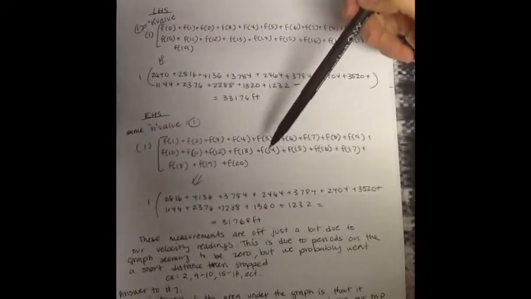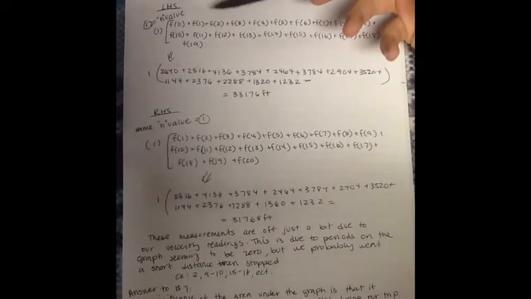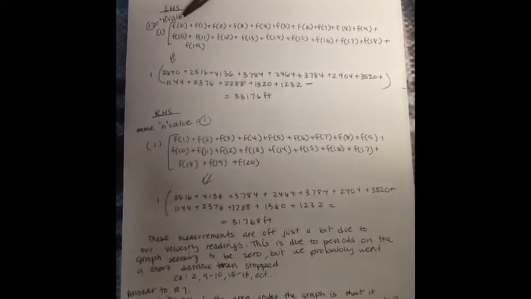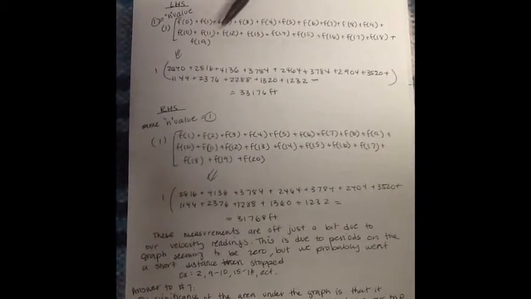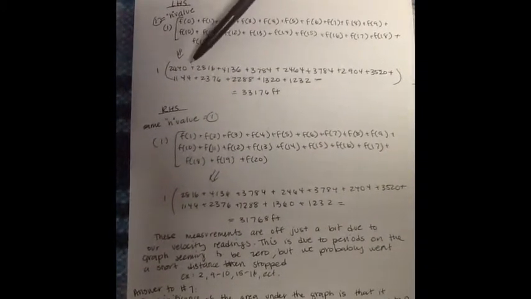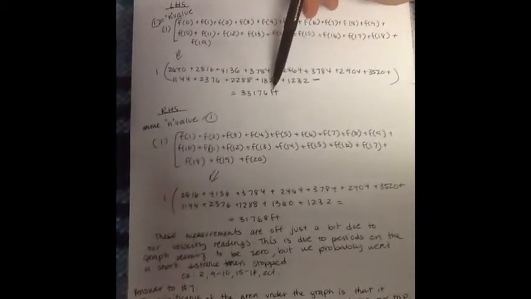In our right-hand sums, we start with f of 1. Now back to our left-hand sums. We calculate f of 0 through f of 19, using our velocities at each point, and we come up with 33,176 feet.